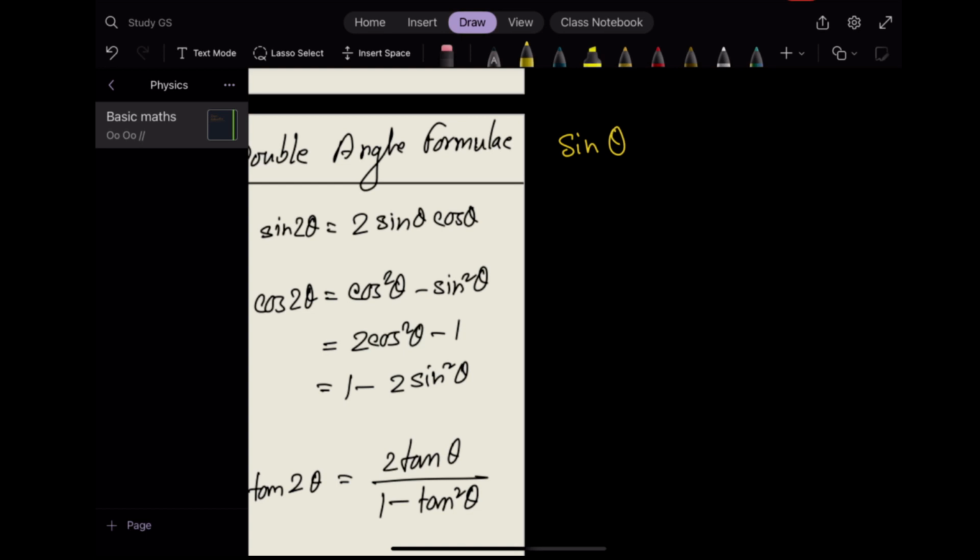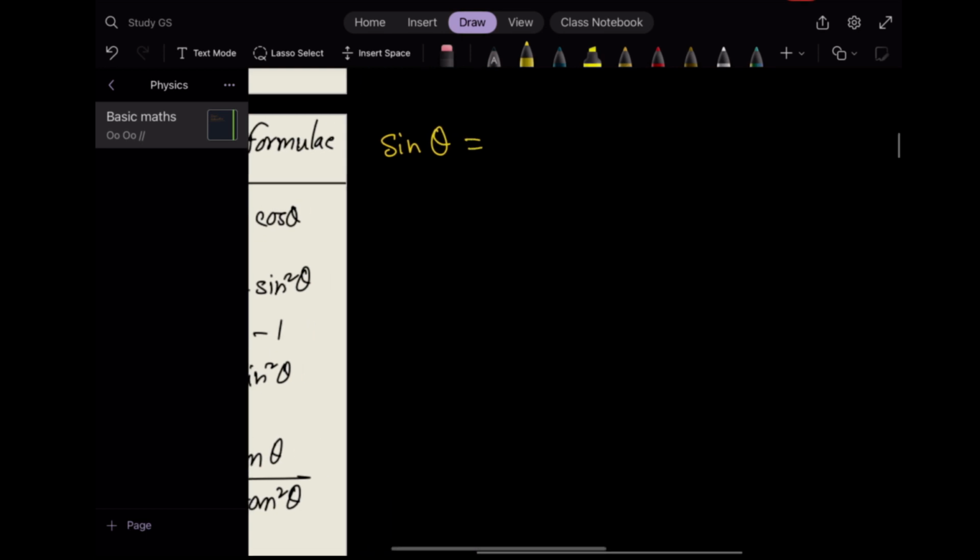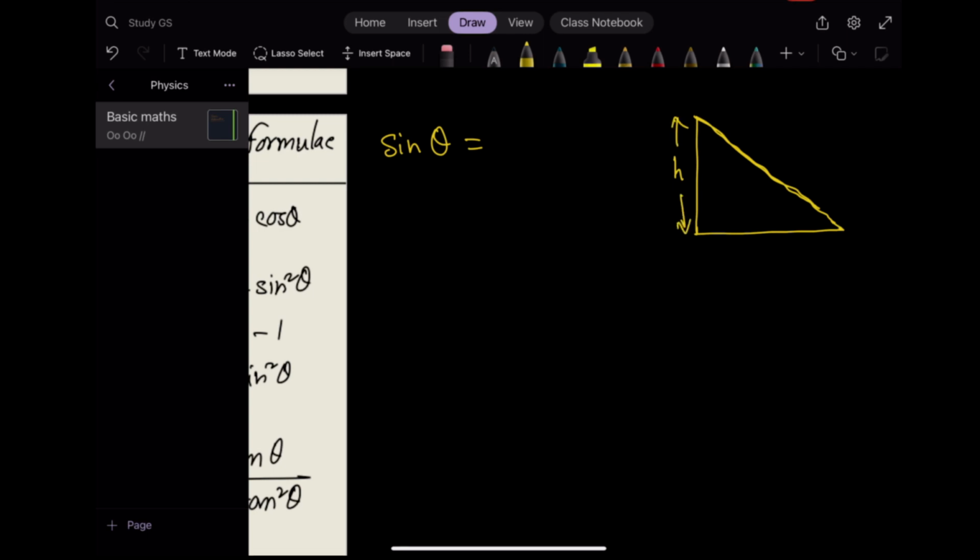Let's make a small triangle here. Here is the height, here is the base, and here is the hypotenuse.